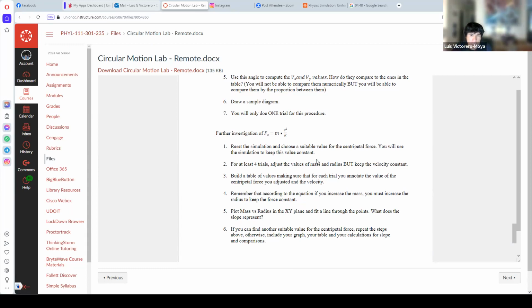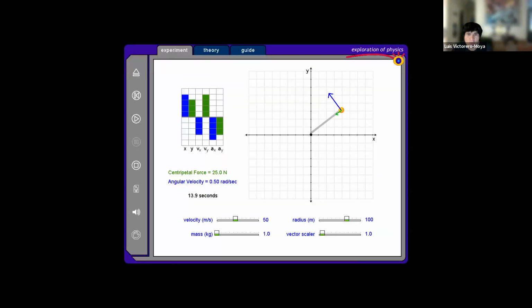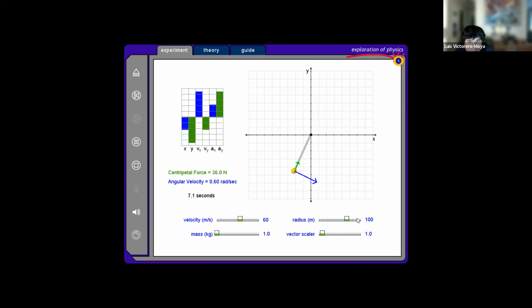What I mean by that is, let's suppose you want to keep the velocity and the centripetal force constant. So for 60, and for radius of 100, my centripetal force is 36. Then my mass is 1, my radius is 100.